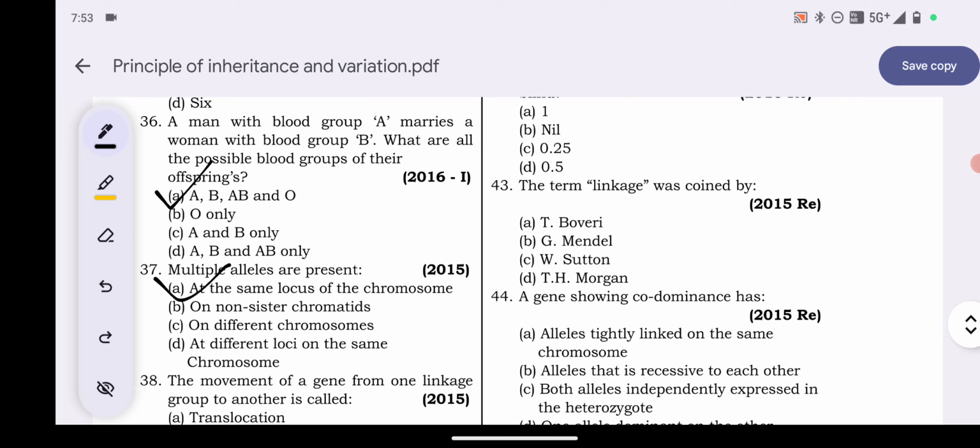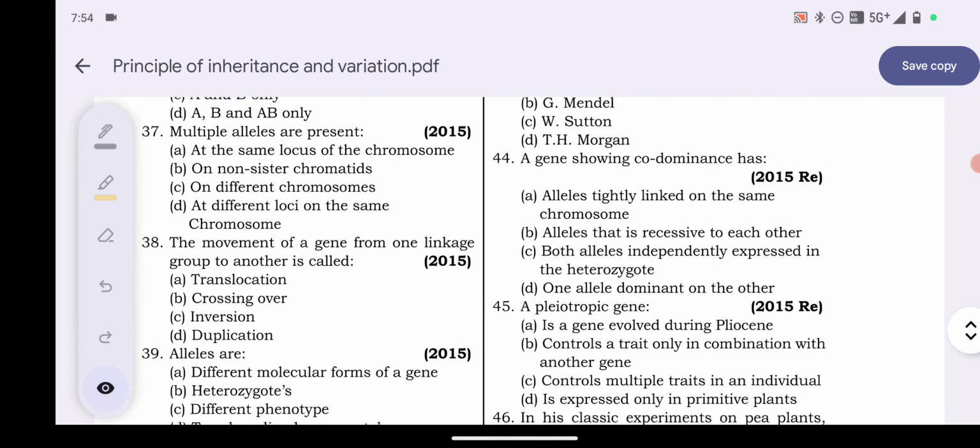Option E will be your answer. Explanation: multiple alleles, that is more than two alternate forms of a gene present on the same locus, are called multiple alleles. There is absence of crossing over in multiple alleles. So option A will be your answer.